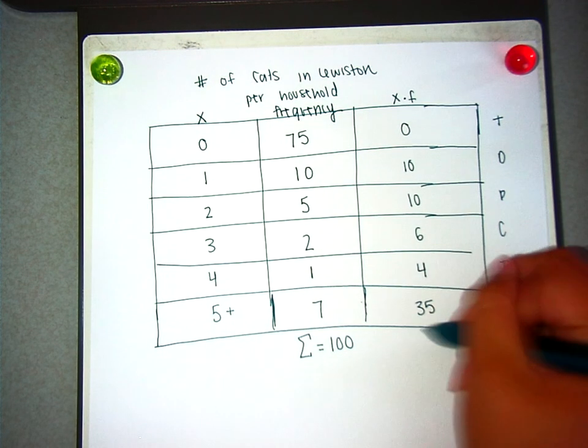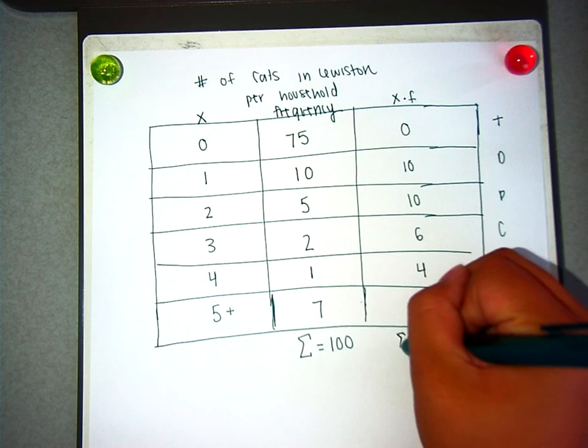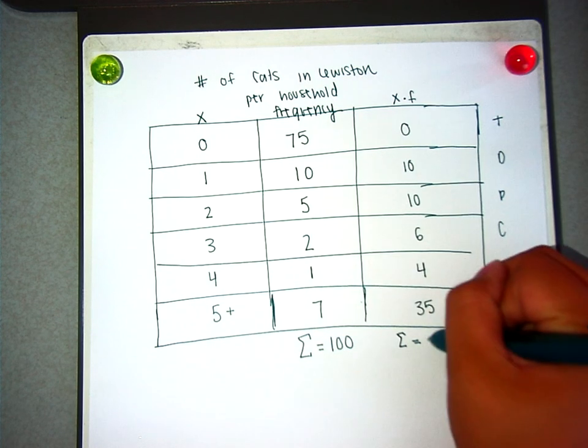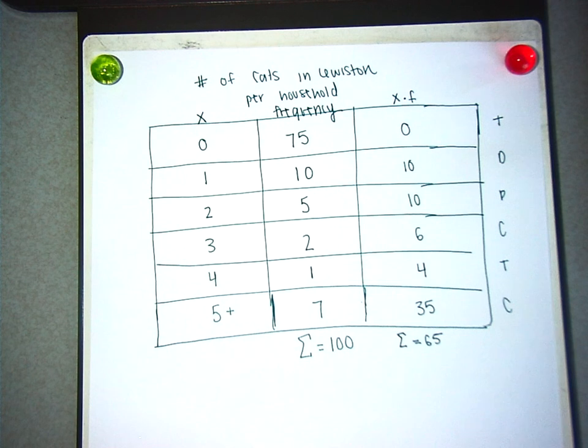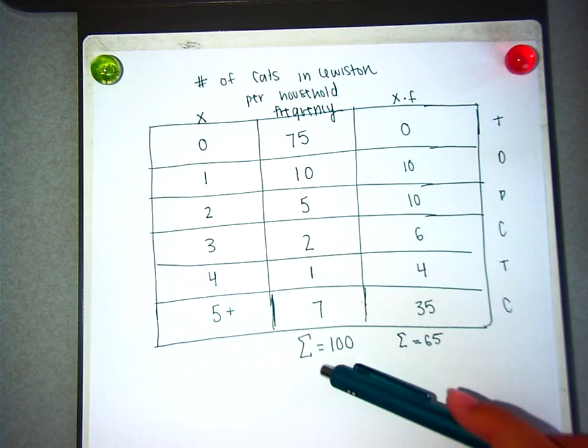65. 20, 55, yeah, 65. So now we take this, divide by this.